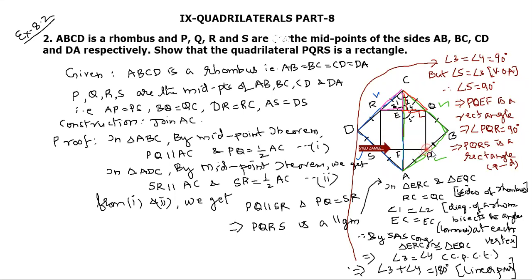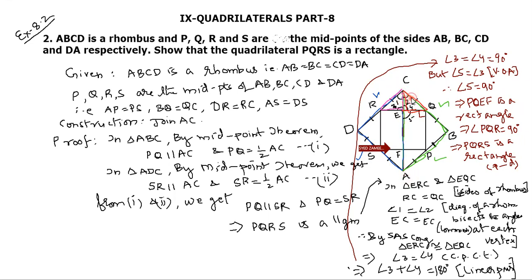So first we will show PQRS is a parallelogram. By the midpoint theorem, PQ is parallel to AC and half of it, and SR is parallel to AC and half of it. So it is a parallelogram. After that we will draw this line, and this is the diagonal.